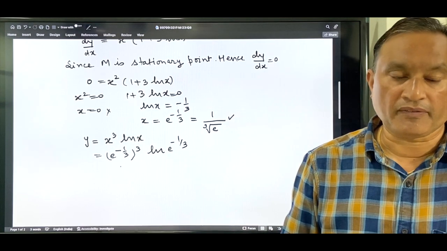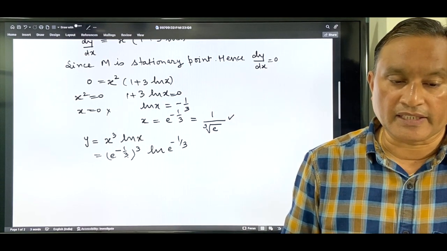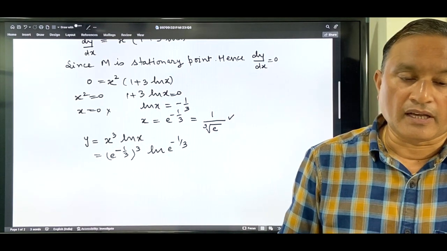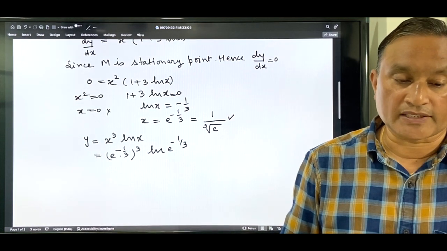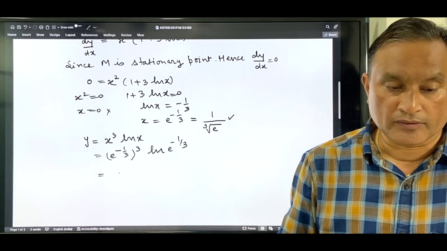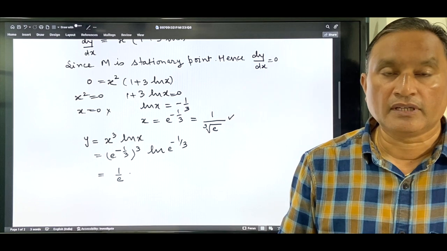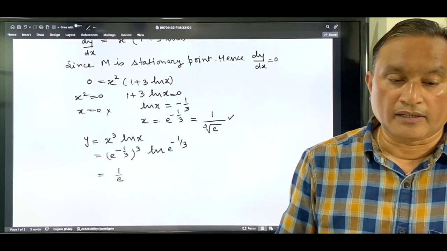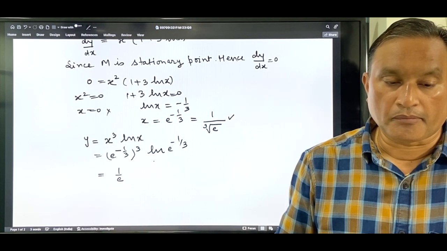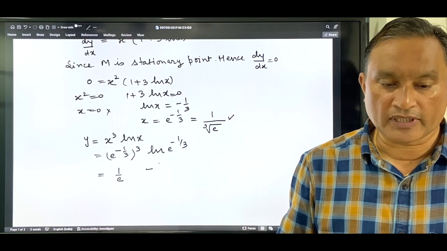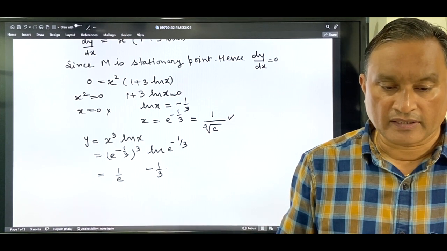So we will simplify this. Here 3 and 3 get cancelled, and e to the power minus 1 would be 1/e, and here you can write minus 1/3 ln e.